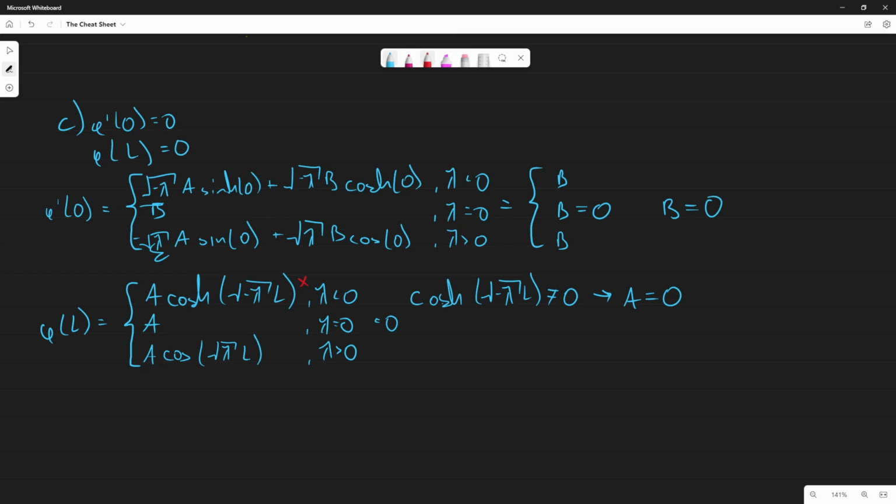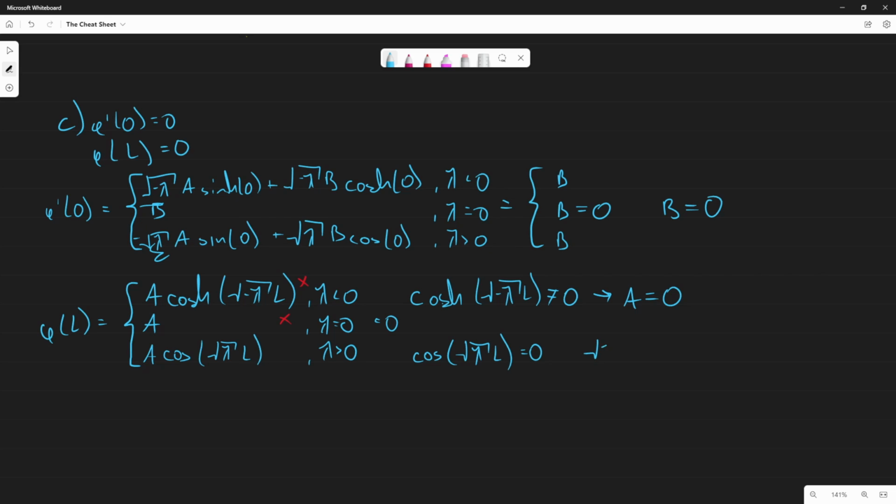So that one won't work. Same thing goes when lambda is equal to 0. That won't work because a is equal to 0. So our last case is when lambda is positive. For this to be true, we want cosine of the square root of lambda times L to be equal to 0.